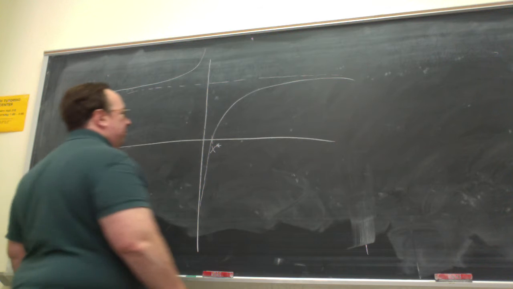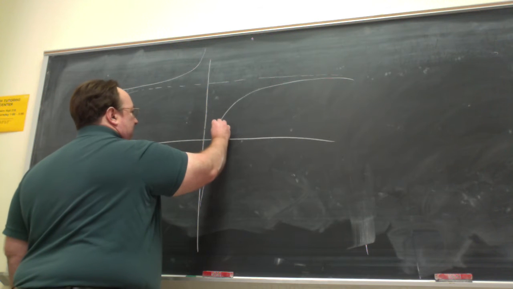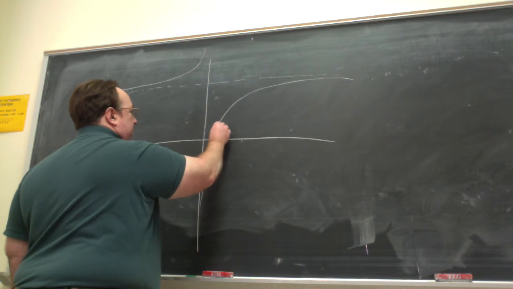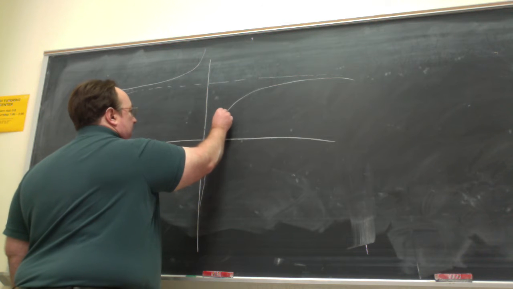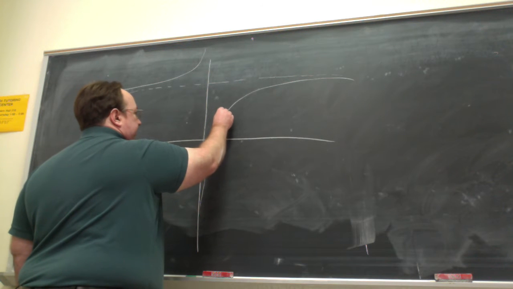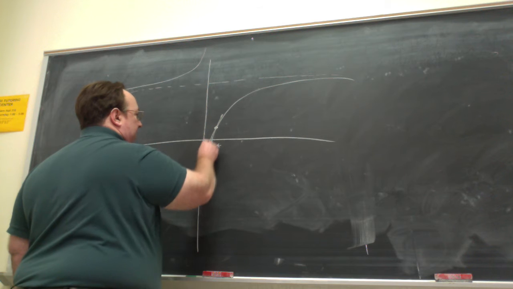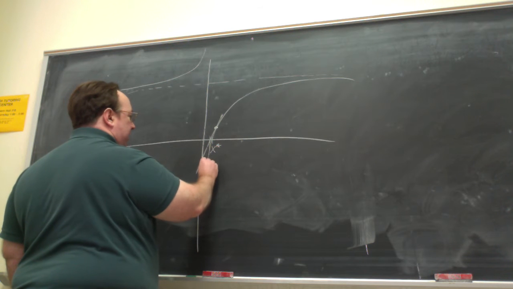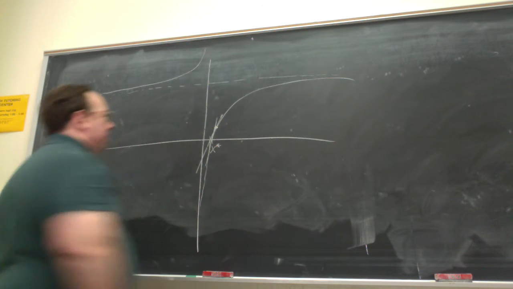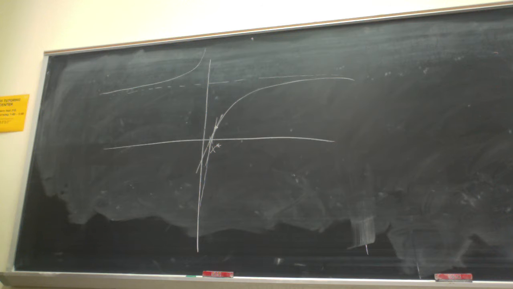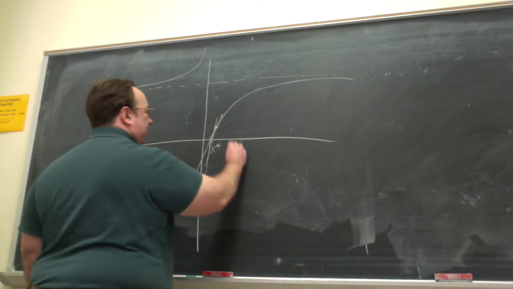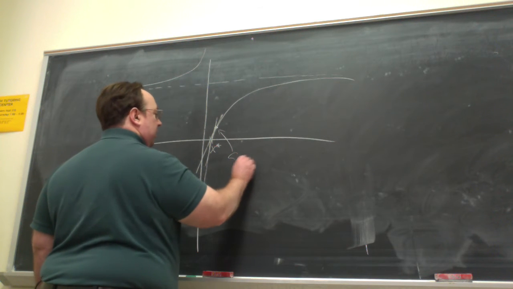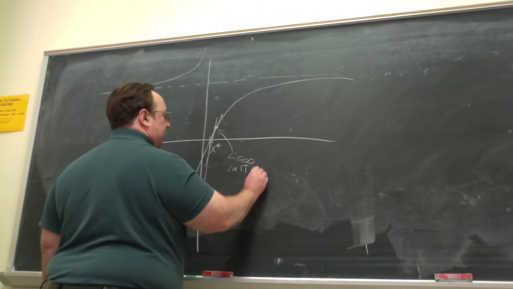So if I choose an initial guess that's pretty close by, like over here, then I get something around here, which would be my x1. I pick a tangent line down here, and everything works just fine. But suppose I choose my initial guess. So this is a good initial guess.